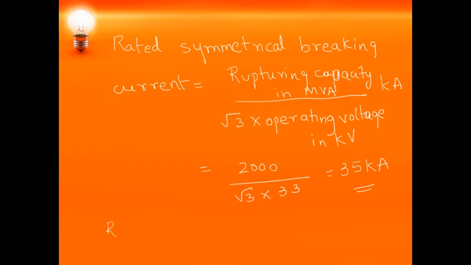The rated making current is nothing but the rated symmetrical breaking current into 2.55. So it is 2.55 into 35 kiloamps, which is 89.25 kiloamps.